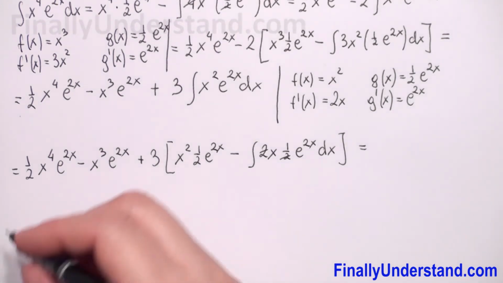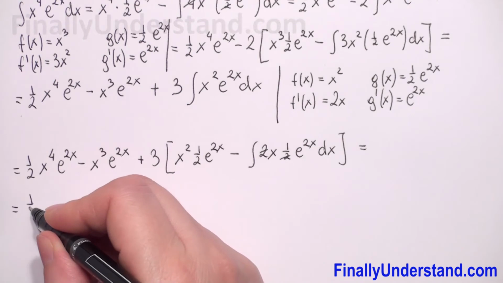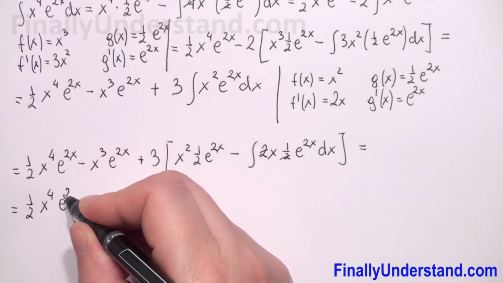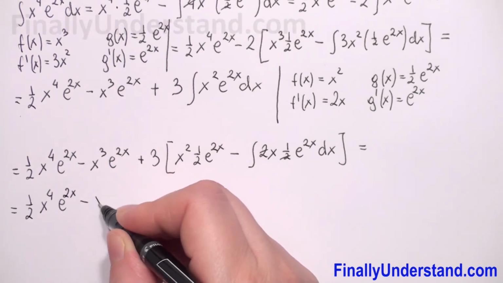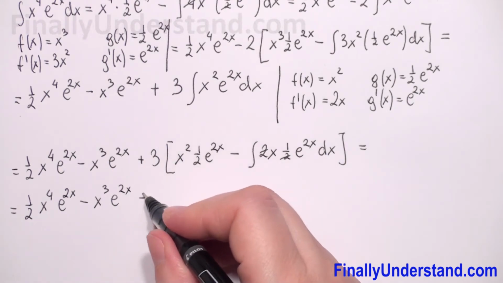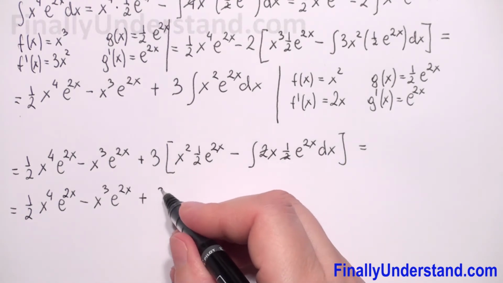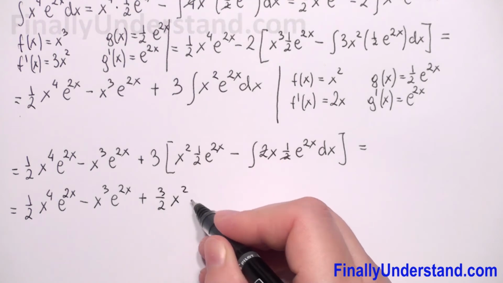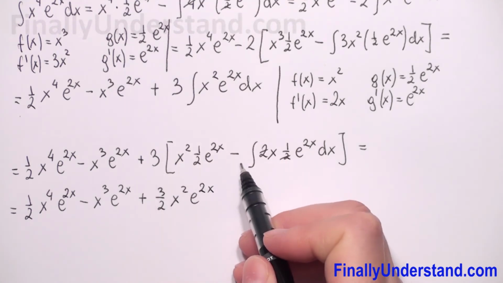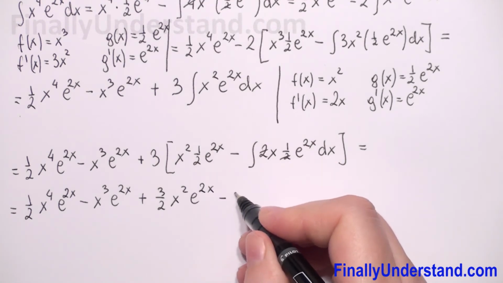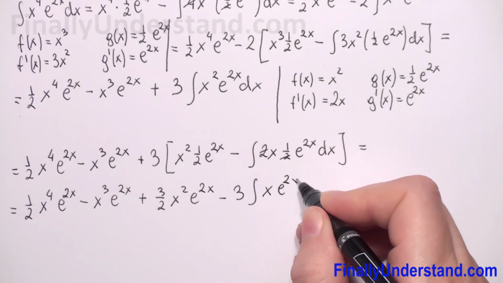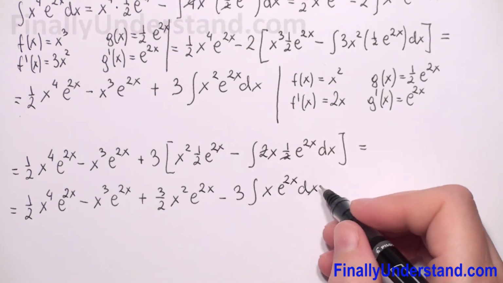The beginning we need to copy, so we have 1 over 2 x to 4th power e to power 2x minus x cube e to power 2x plus, and we will have 3 times 1/2 is 3 over 2 x squared e to power 2x. 3 times negative 1 is negative 3 integral of x e to power 2x dx.